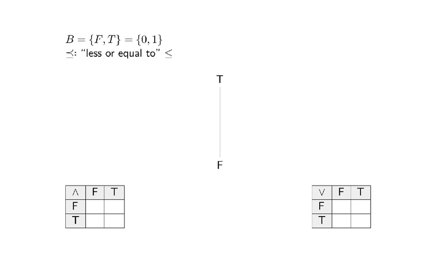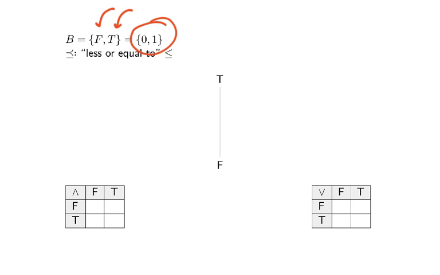So let's see this very simple lattice. This is a lattice on a set that has only two elements, false and true. As we have called those in logic, when we saw logic theory, false and true, we can call them 0 and 1.